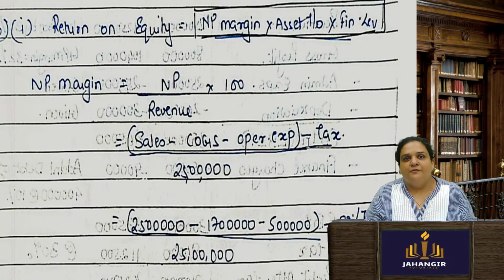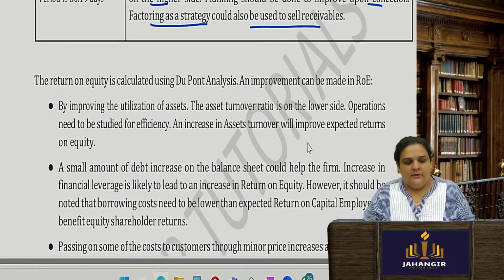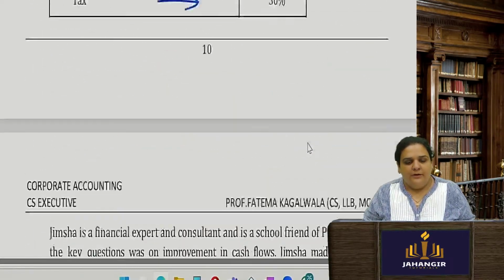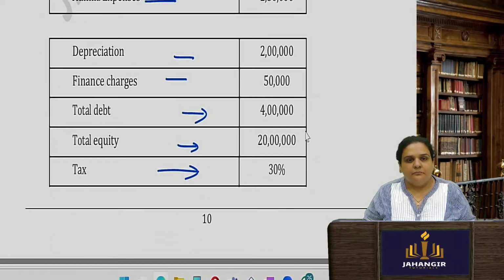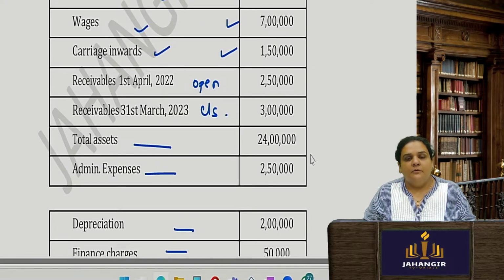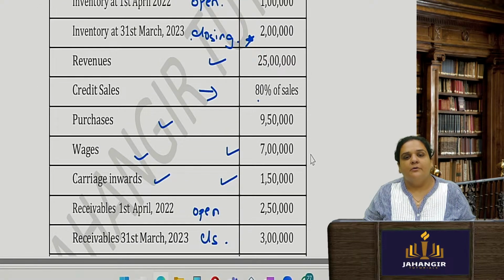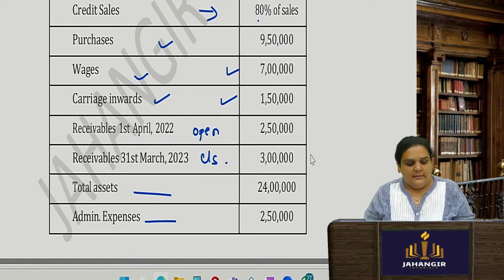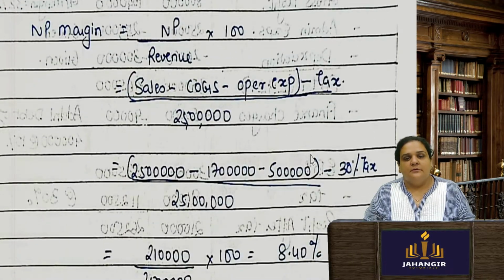What is net profit? Sales minus COGS minus operating expenses. We already found out COGS. We have the amount of sales, which is 25 lakhs, and COGS 17 lakhs.